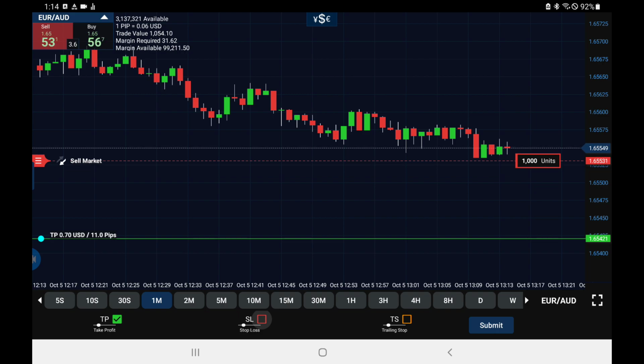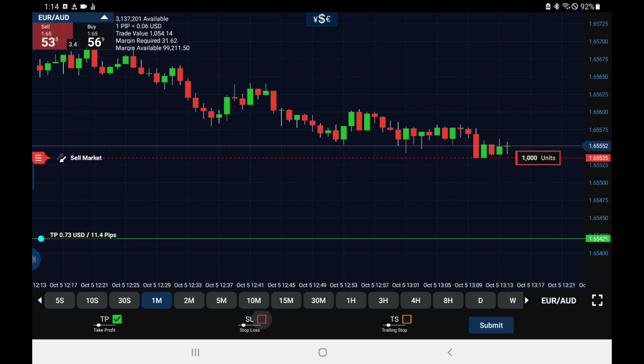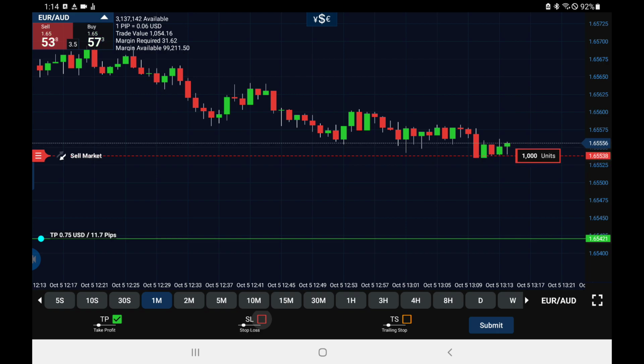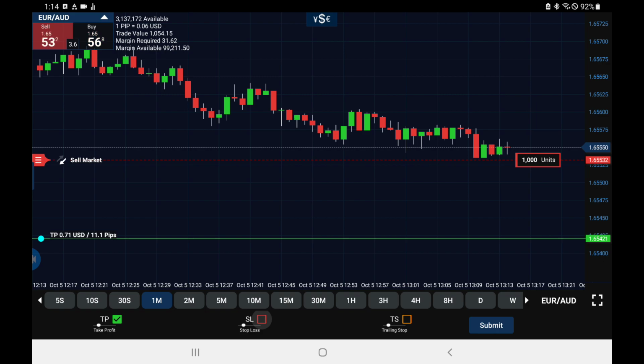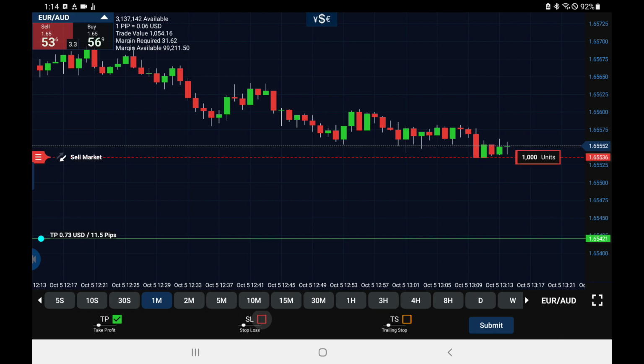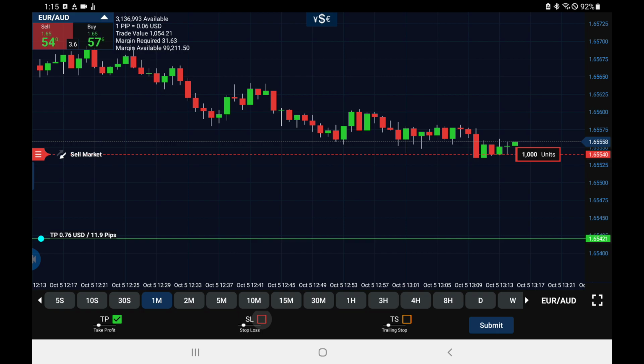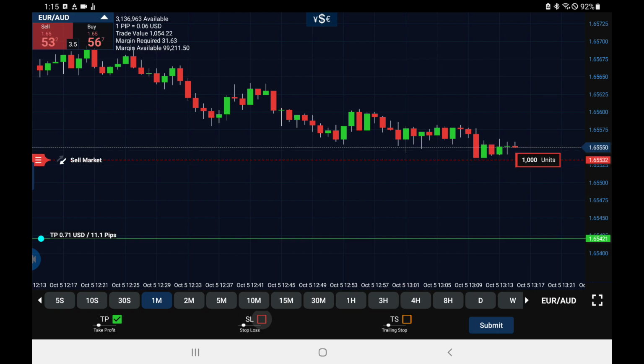What that means is if you want to make 60 cents for a profit, how much do you want to risk? Do you want to risk 60 cents? That would be a 1-to-1 reward to risk. Do you want to risk only 30 cents?